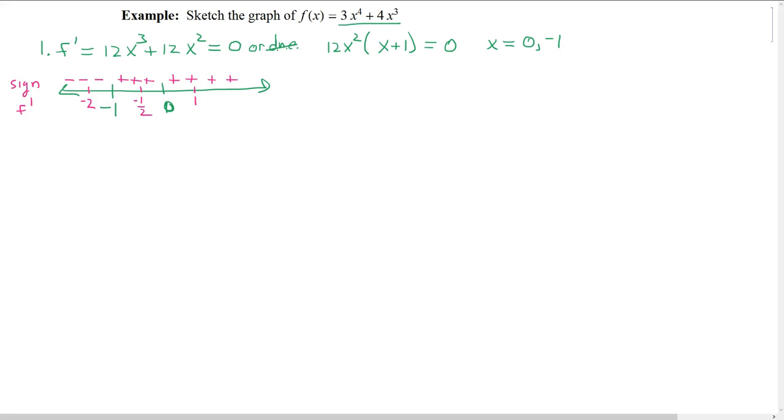So that identifies where we are increasing and decreasing. So we are increasing from negative 1 all the way to infinity, and decreasing from negative infinity to negative 1.